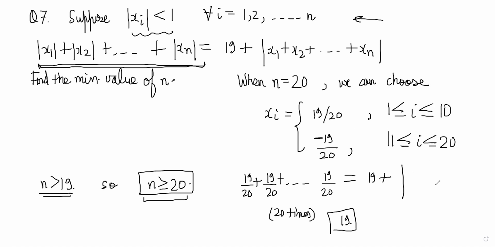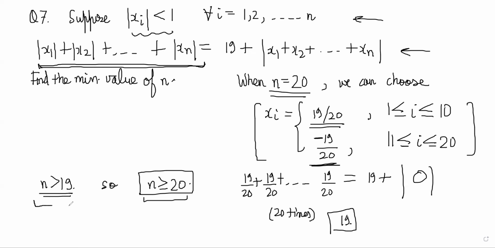The sum is actually adding up to 0, because there are 10 terms with 19 by 20 and 10 terms with negative 19 by 20. So this choice of xi definitely satisfies the second condition as well, and it also satisfies the first condition. So we have gotten a group of values of xi such that when n is equal to 20, the condition of the problem is satisfied.